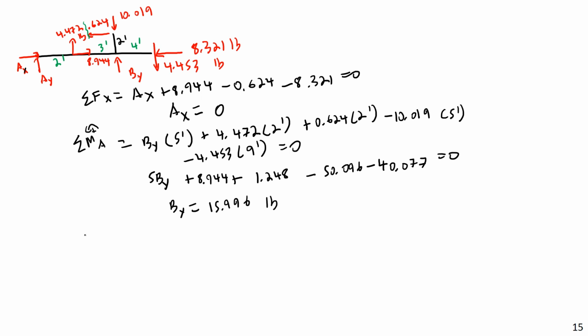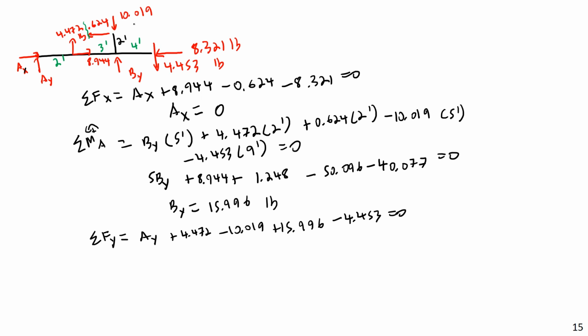Then I'm going to do the summation of forces in the y direction. This is going to be AY plus 4.472 minus 10.019 plus BY, which is plus 15.996, and then minus 4.453 equals 0. And those should be the only vertical forces. The AY is positive, the 4.472 is positive.